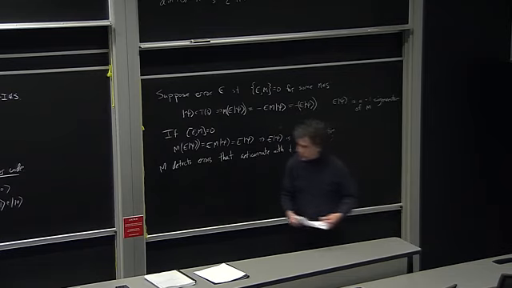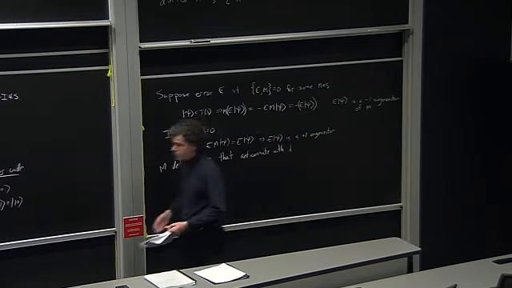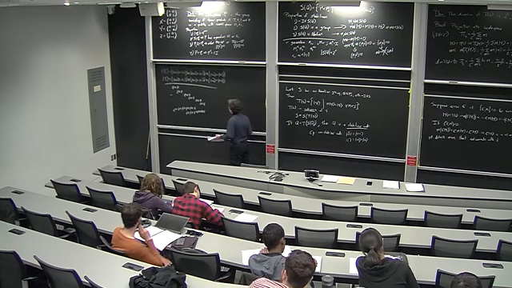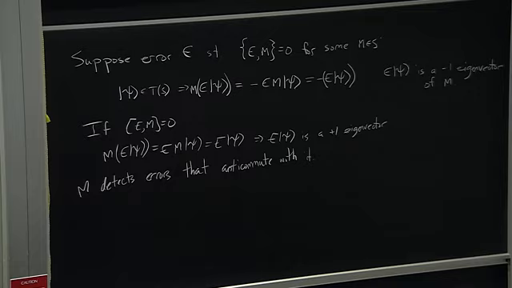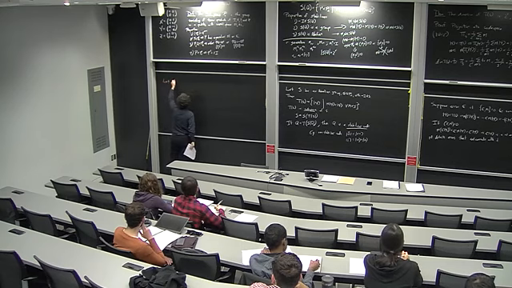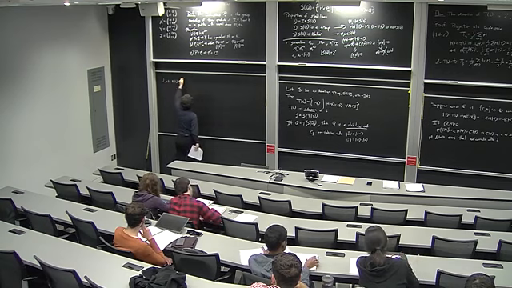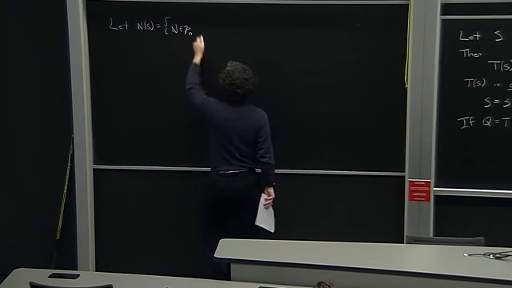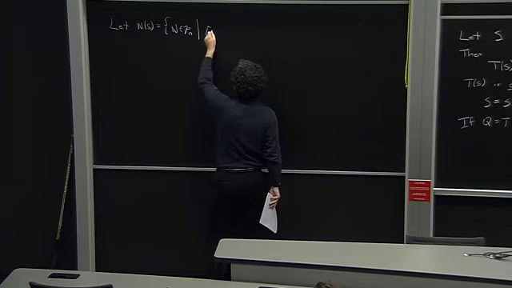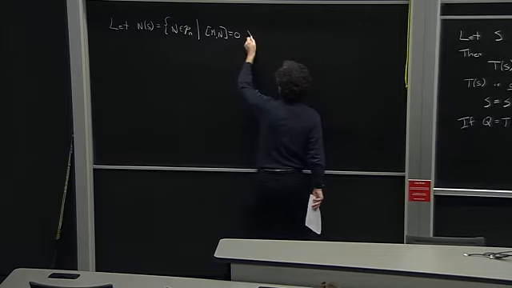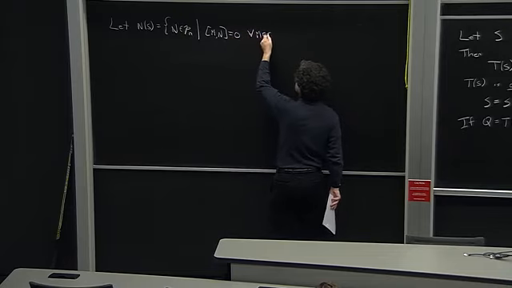And so that suggests we define the set of things that commute with everything. That's clearly going to have some special properties. So we're going to let N(S) be the set of Paulis such that M and N commute for all M in the stabilizer.